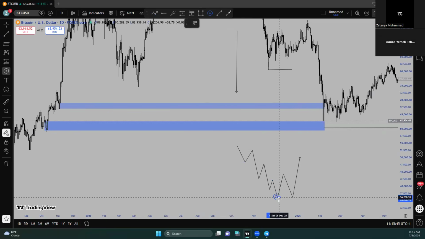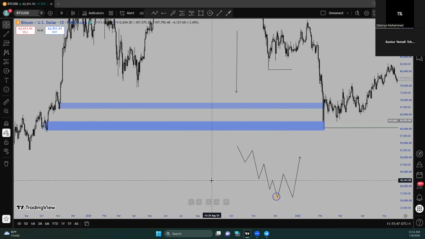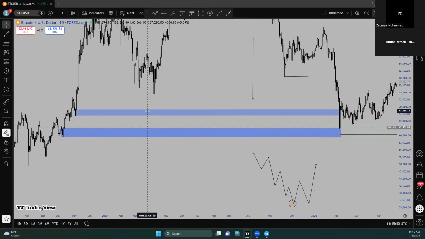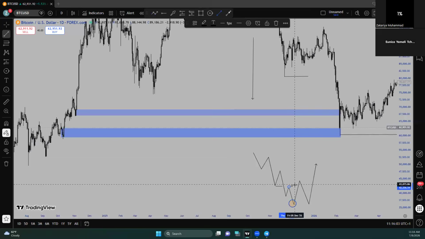And that zone that we expect this correction move to come from must be a high time frame POI. Those two POIs that are marked. Any zone that this correction comes from that is not a high time frame POI, we don't consider it a market structure shift. Market will use that same zone because you have a structure shift, you have a breakup structure right here, and then a liquidity.